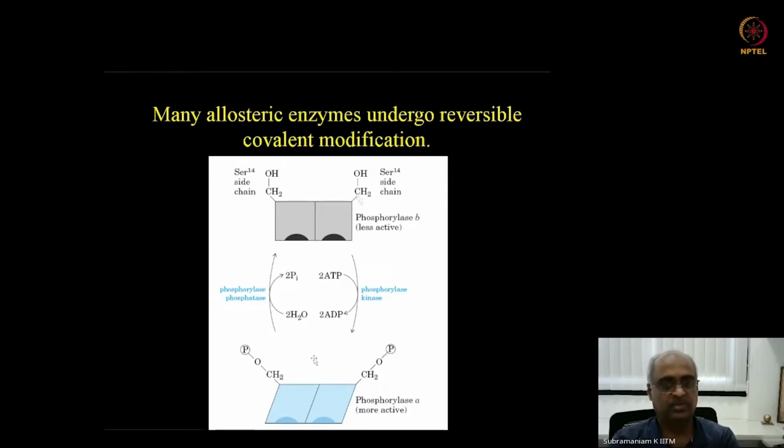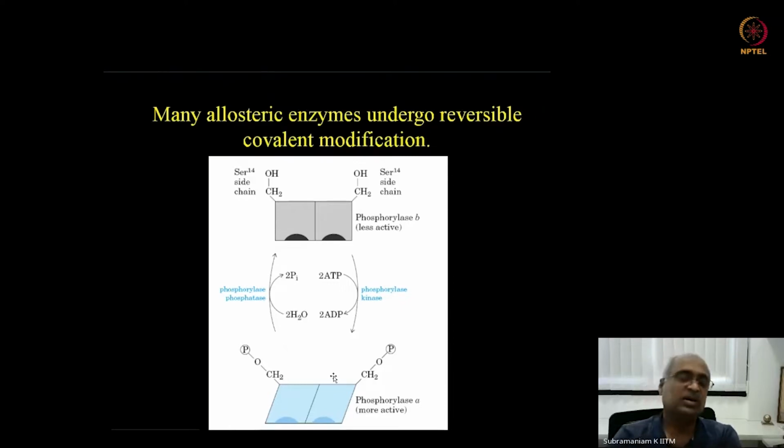So in both the subunits, you have two serine residues in two subunits, and when both are phosphorylated, it's active. And when the phosphate groups are removed by phosphorylase phosphatase, so the substrate is this enzyme phosphorylase, and another enzyme, phosphatase, removes that phosphate group, then it becomes inactive. By this way, you can have a regulation through covalent modification.